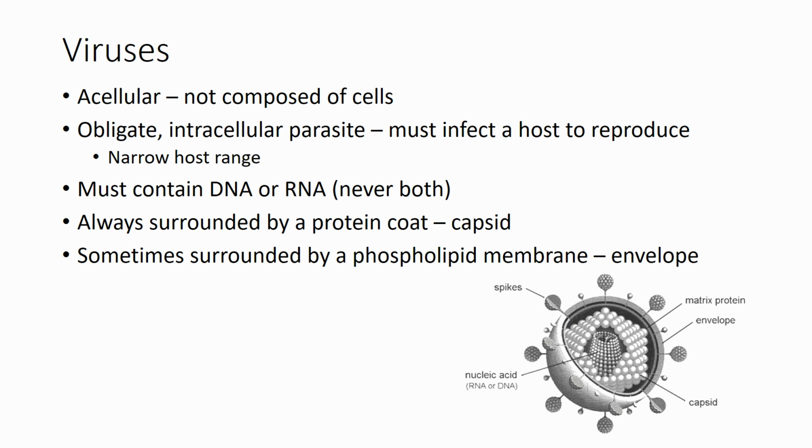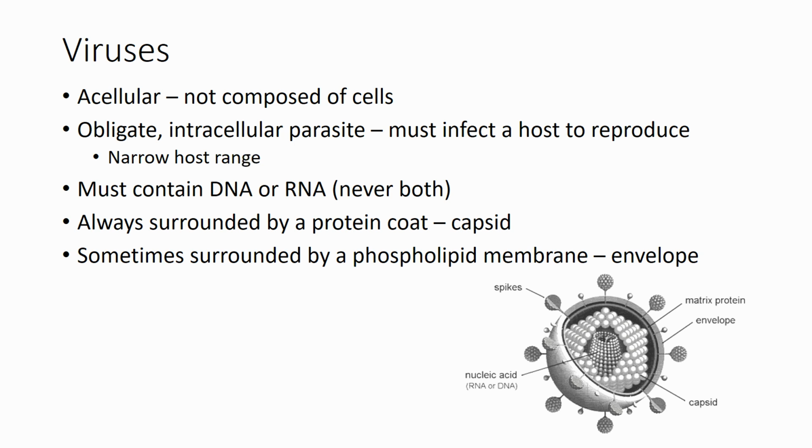On this slide, I have listed for you 5 characteristics of a virus. Number one characteristic, all viruses are acellular, meaning they are not composed of cells. Since they are not composed of cells, they lack all of the required materials to reproduce on their own.